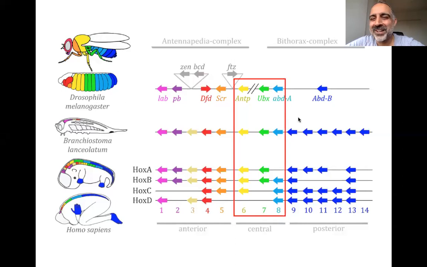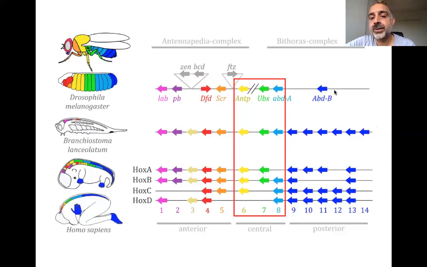Okay. Hox genes, as you probably all know, are a highly conserved cluster of transcription factors. They're found in flies, in lamprey, and in mammals, and many other species as well.